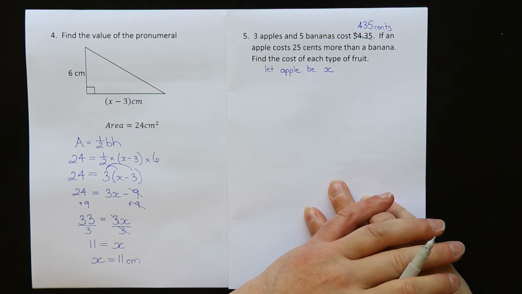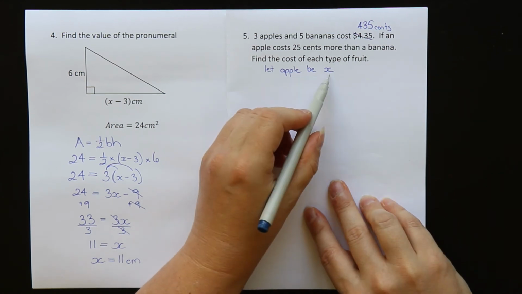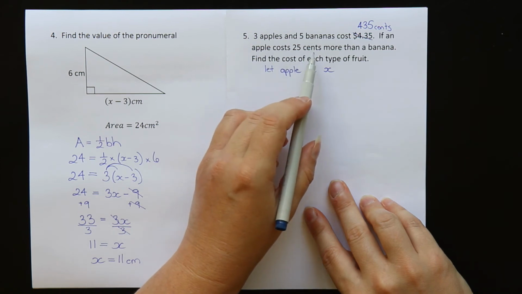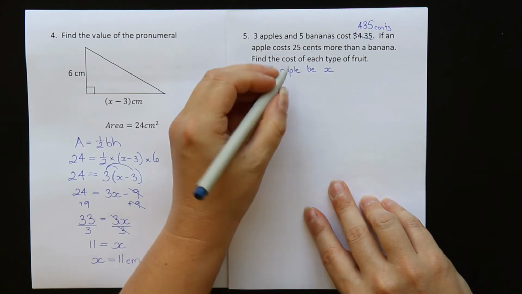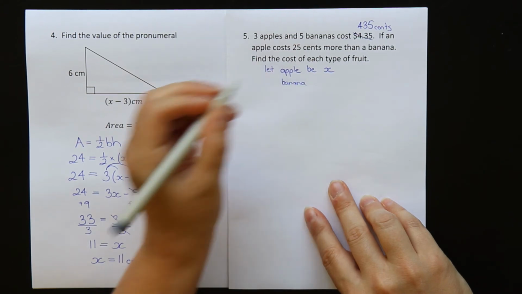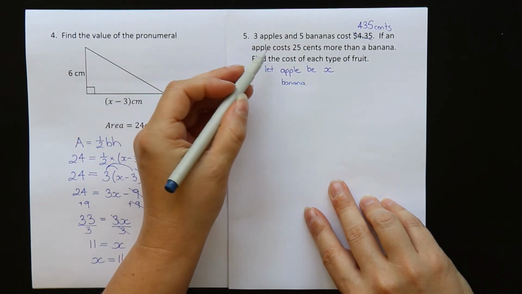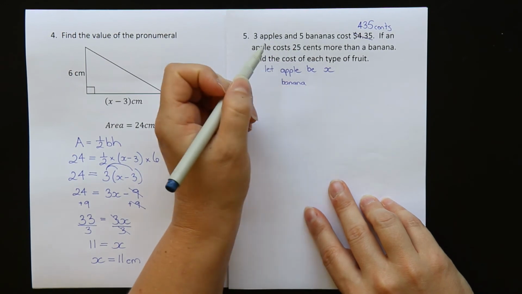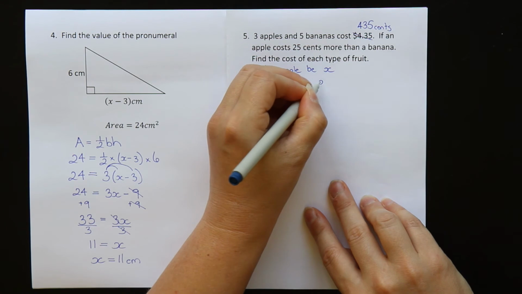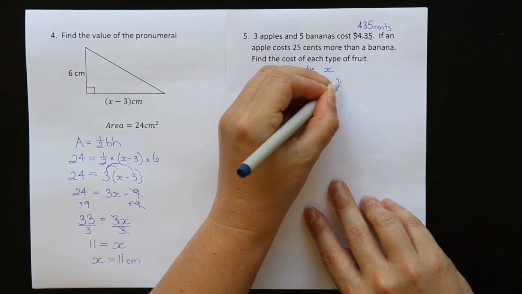Okay? So if an apple is x, an apple costs 25 cents more than a banana. So a banana is going to be 25 cents less than an apple. So a banana would be x minus 25.